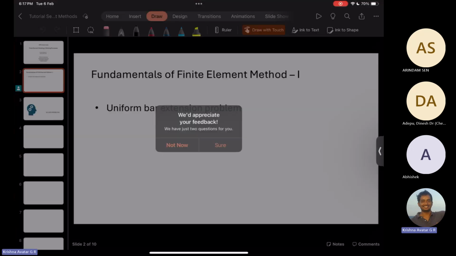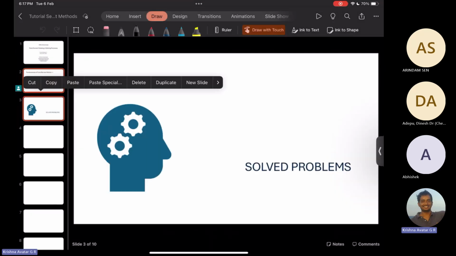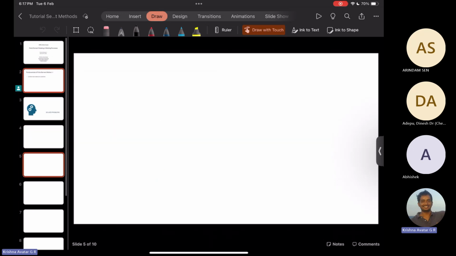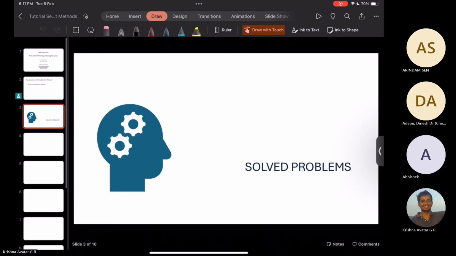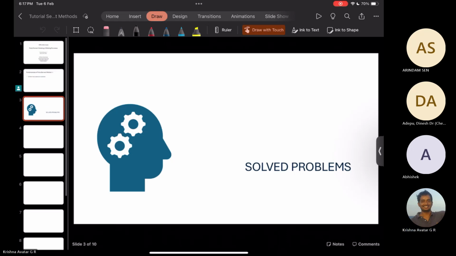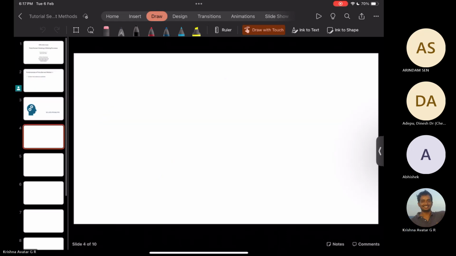I plan to start by solving a problem I'm sure must be very familiar to you, a uniform bar extension problem. Essentially, I would be introducing every concept one by one.